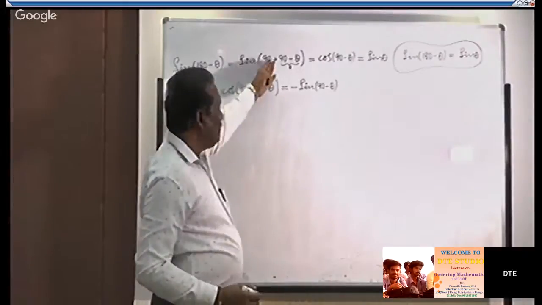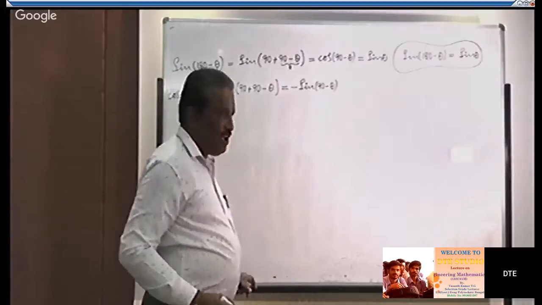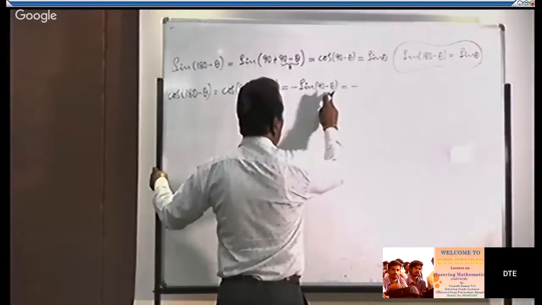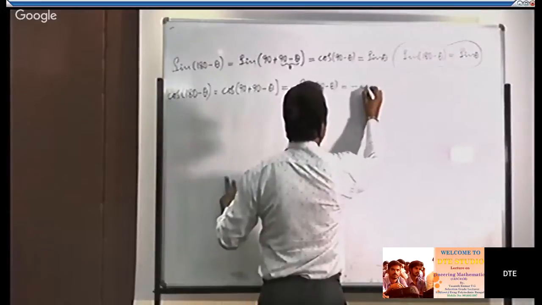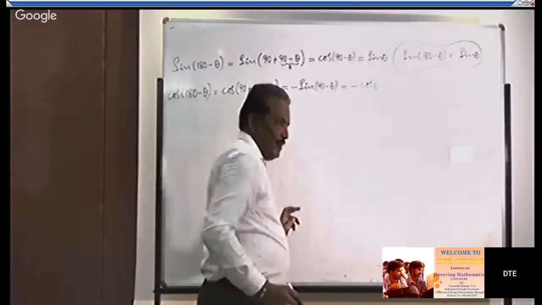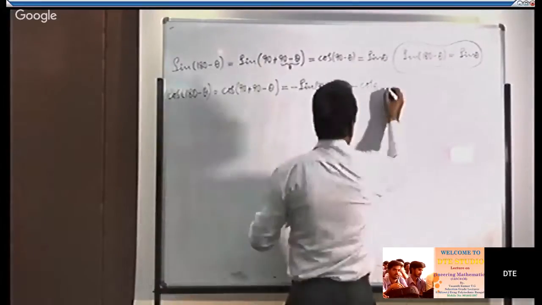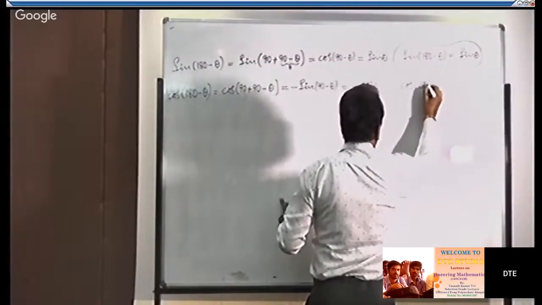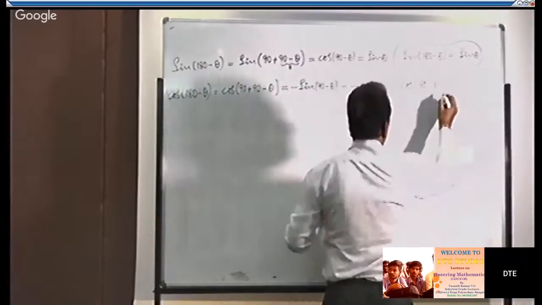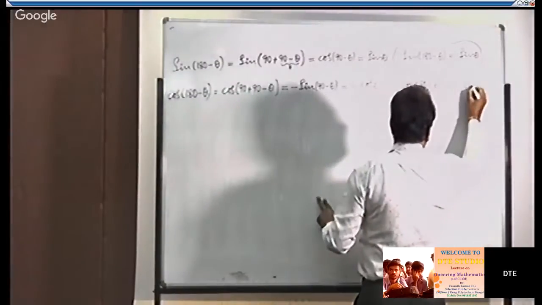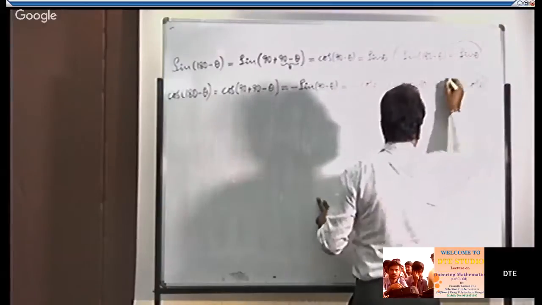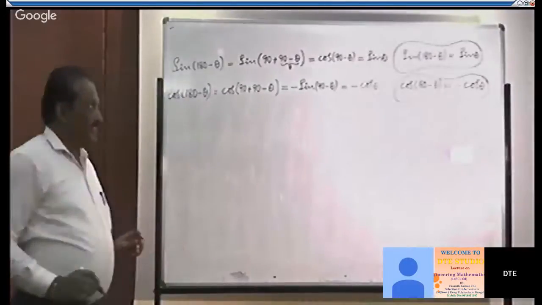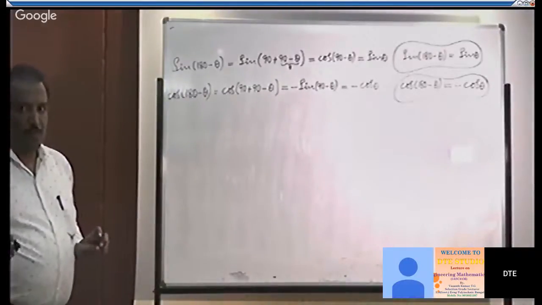So as in the previous case, now it is minus of sine of 90 minus theta. This is equal to minus, we also proved sine of 90 minus theta is cos theta. Right? Therefore, the conclusion is always cos of 180 minus theta is equal to minus cos theta.